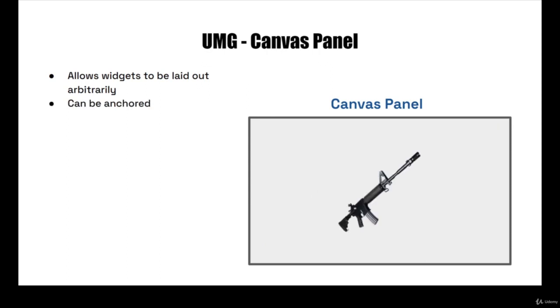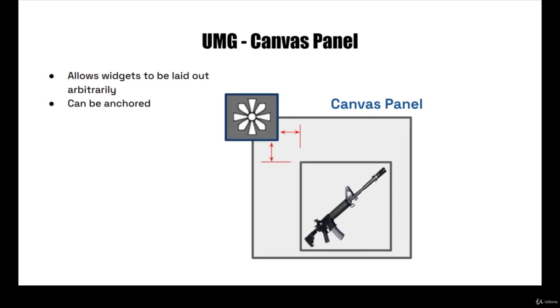Now, when you anchor something on a canvas panel, you essentially choose a location on the canvas panel to anchor it to. For example, in this diagram, we're anchoring this gun icon to the upper left of the canvas panel, which means distance is measured from the anchor, which is the top left. So the icon's local coordinates are based on the distance from that anchor.